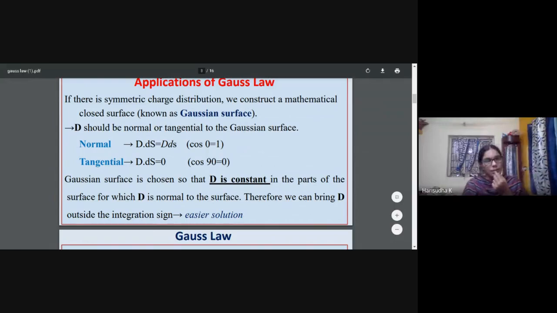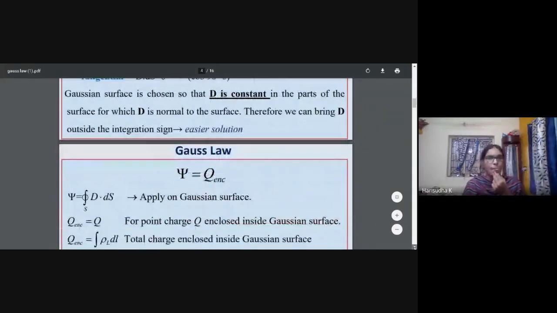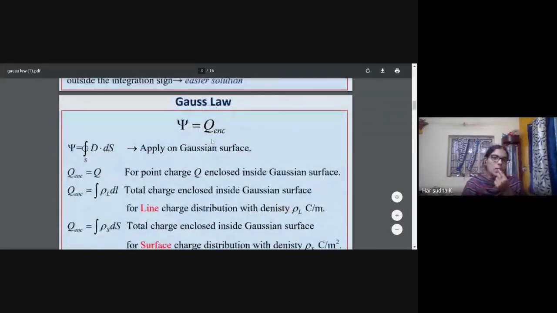Therefore, we can bring D outside the integration sign, because D is treated as constant.